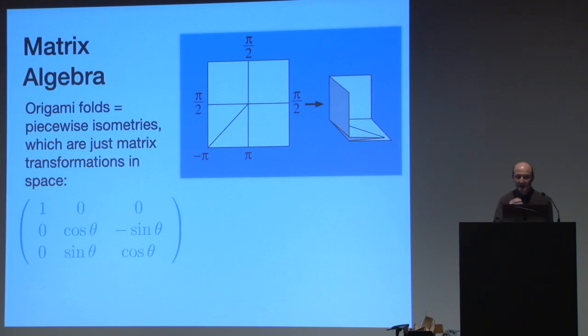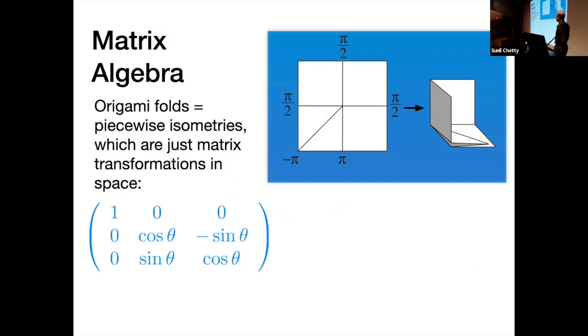Okay, so this all comes from matrix algebra. Here I have a little tiny crease pattern. This is a degree 5 vertex. I'm not indicating which creases are mountains and valleys necessarily, but notice each crease has a number attached to it in radians. That's the folding angle.